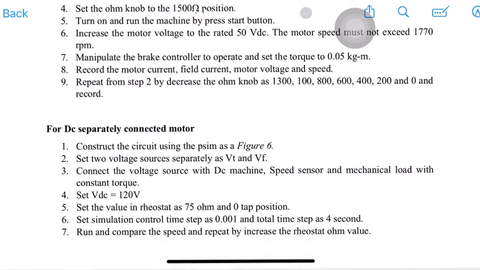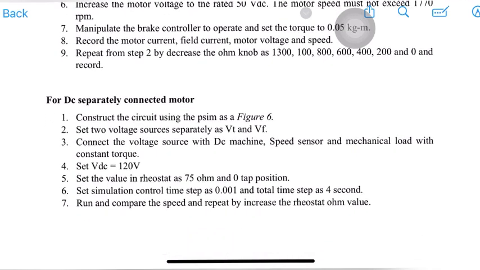For the DC separately excited motor, do the same thing, which is to construct the circuit using the PCM as in figure 6. Set the voltage sources separately as VT and VF. Connect the voltage source with the DC machine, speed sensor and mechanical load with constant torque.